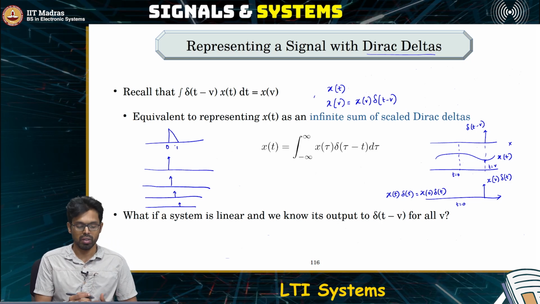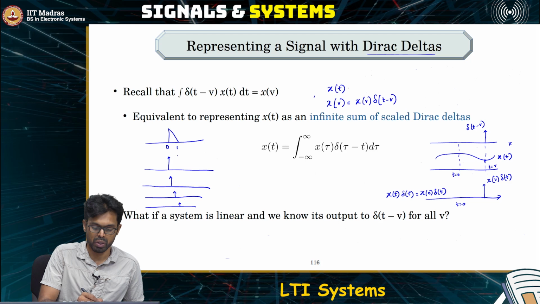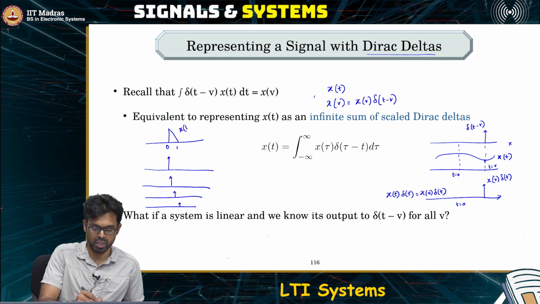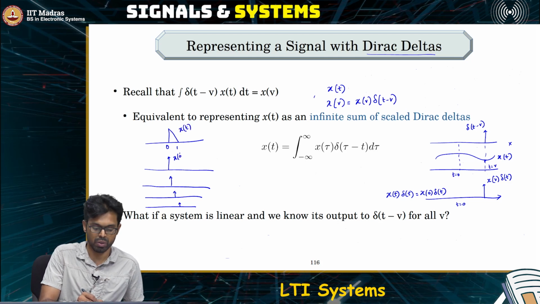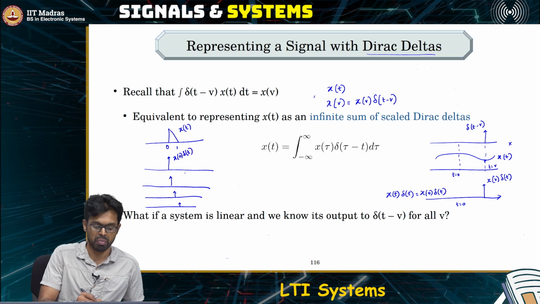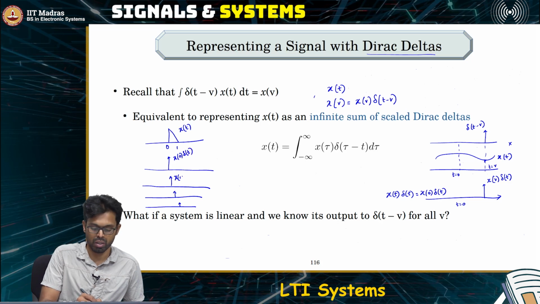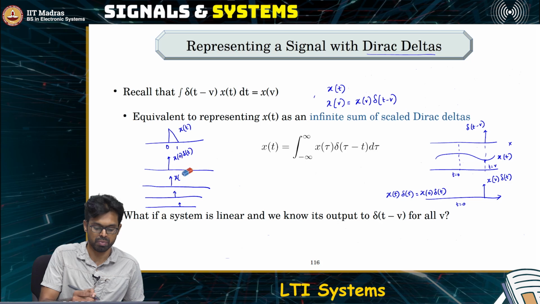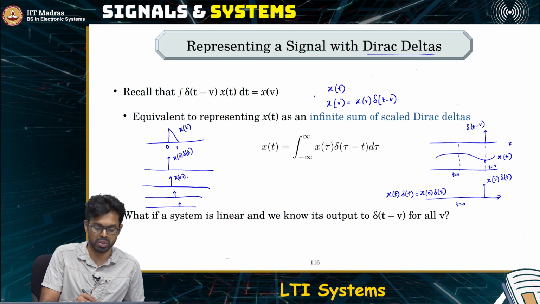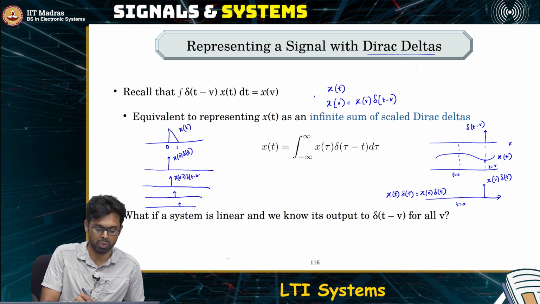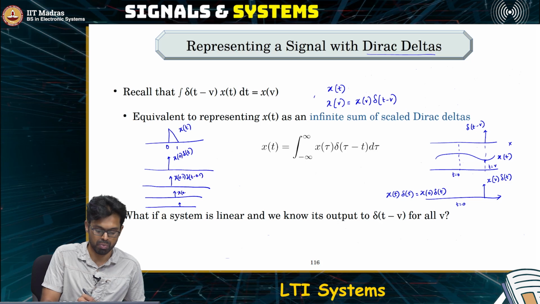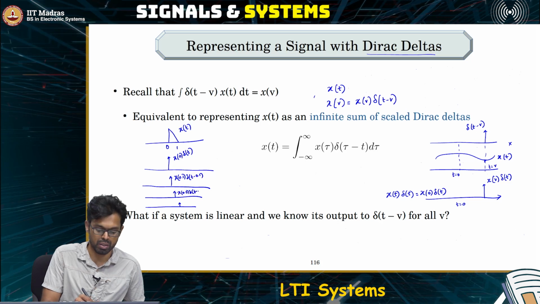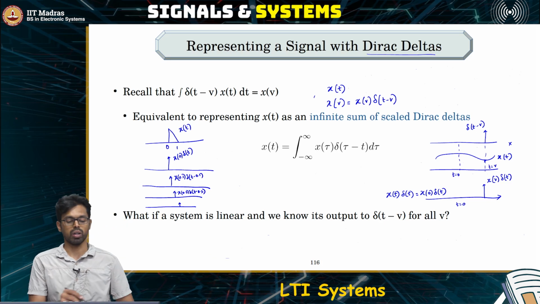So what have we done here? We have taken some signal x of t, then x of 0 times delta of t, then x of 0.1 times delta of t minus 0.1, and x of 0.2 times delta of t minus 0.2, and so on.